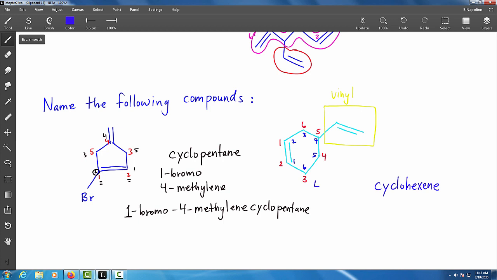So it would be 4-vinylcyclohexene. Or you could write 4-vinylcyclohex-1-ene. Either notation would be correct.